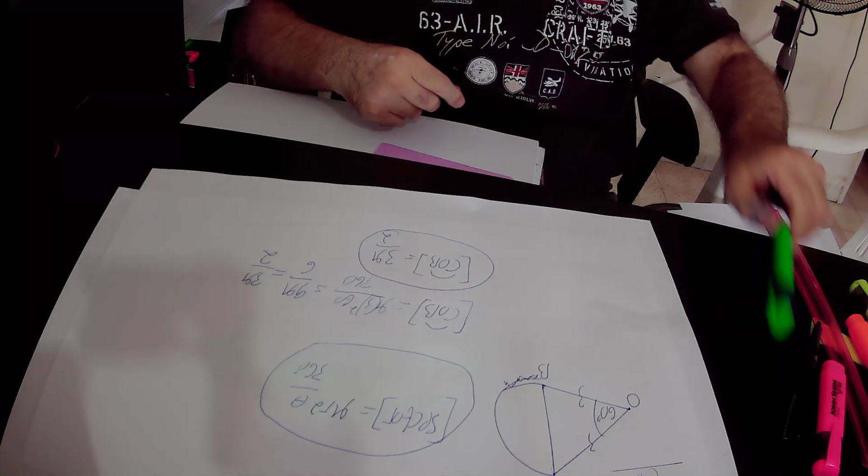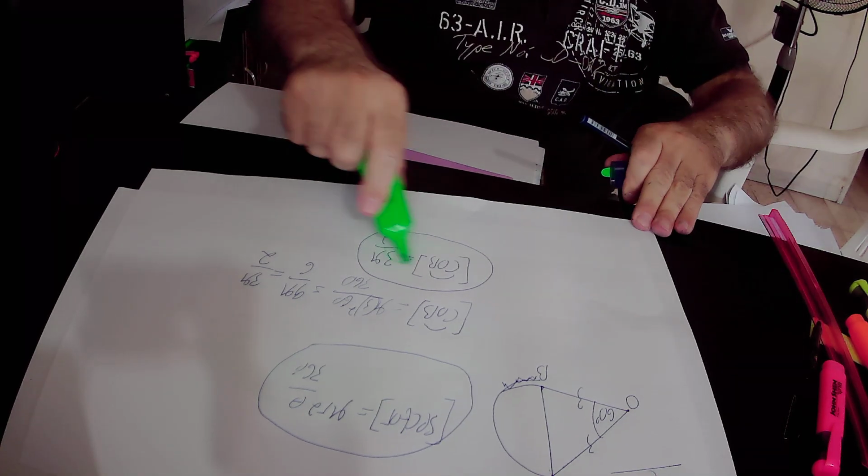Now we can find out the area of the green shape.